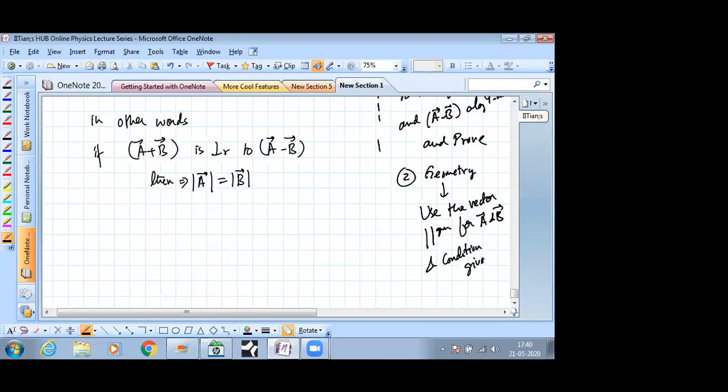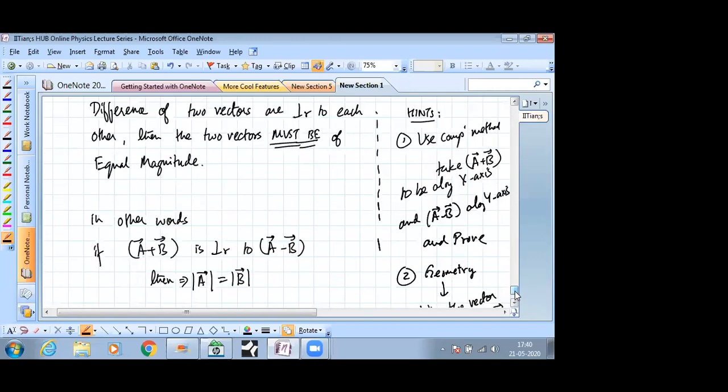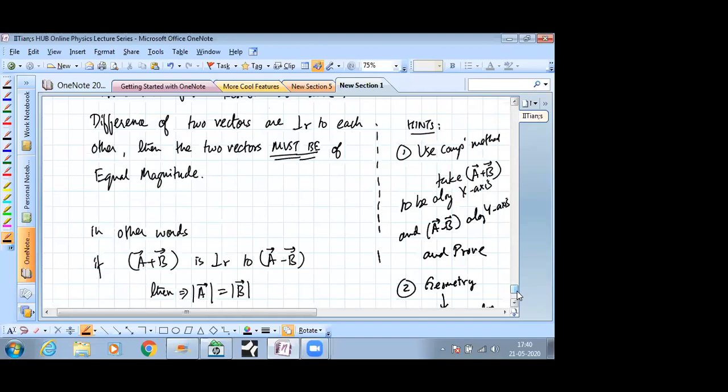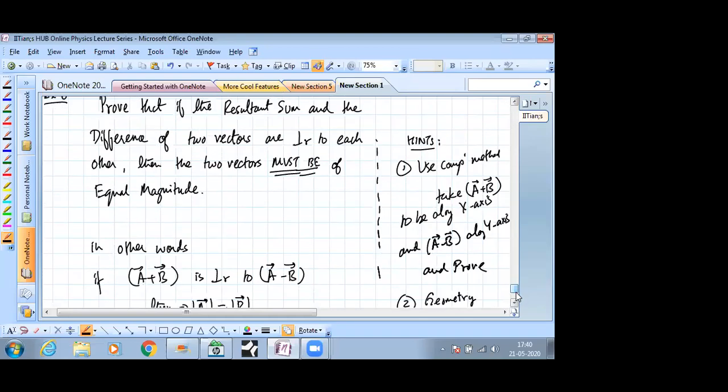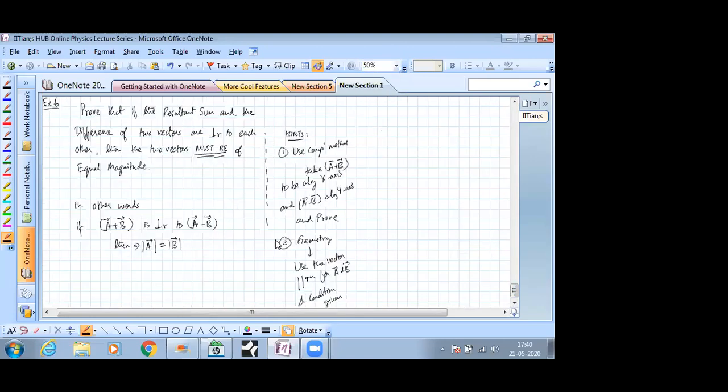What is the condition given exactly? That the vector A plus B is perpendicular to the vector A minus B. Okay. So let's see how we can do these by using either of these two methods. Just try out one or the other, whichever you feel more comfortable with at this stage. Whether to go with the component method or to go with the geometrical parallelogram law kind of method.